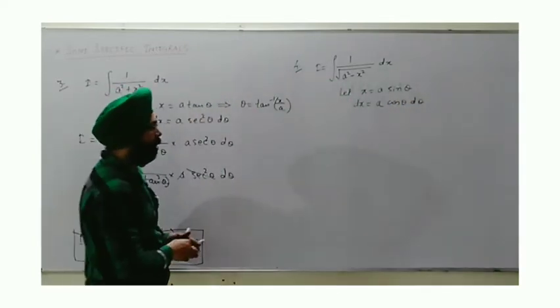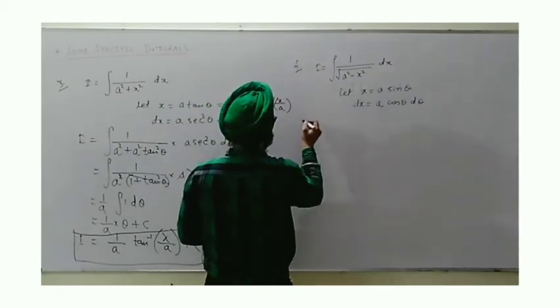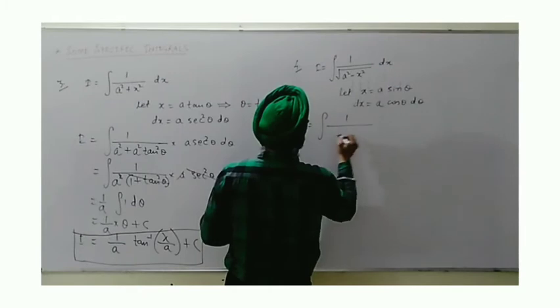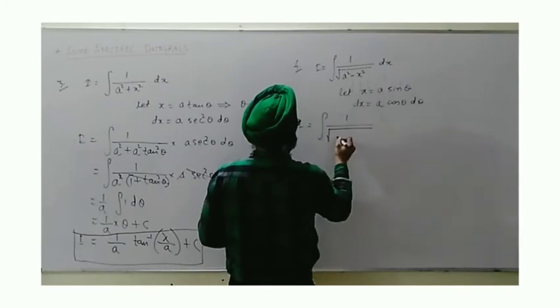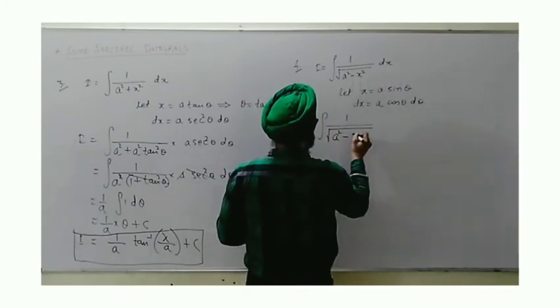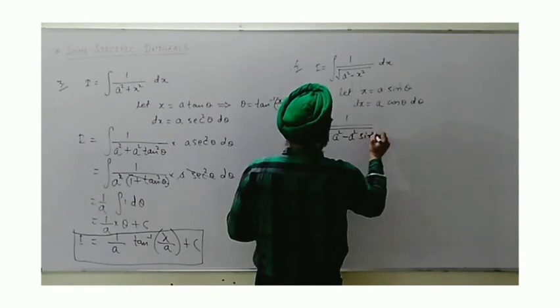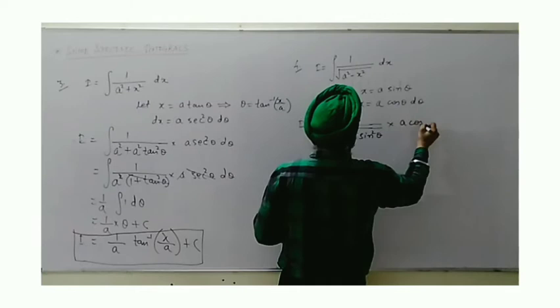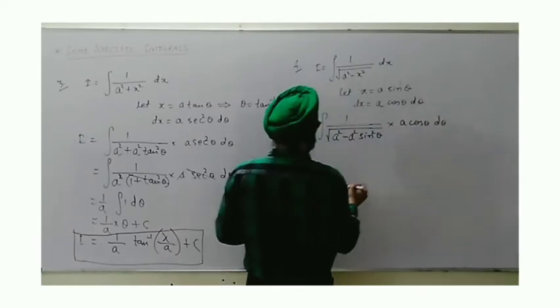Now what is the effect on the given integral? We get 1 upon under root a square minus a square sin square theta into a cos theta d theta.